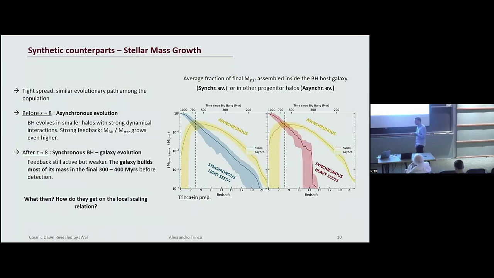As soon as the black hole is lit up by this strong inflow of gas, its feedback is efficient on the galaxy, evacuating the gas very efficiently and halting the star formation in the smaller system. As soon as the black holes start to be in a more massive galaxy, the feedback is still there but starts to be weaker, and the galaxy can build up most of its mass in the final few 100 million years of evolution.